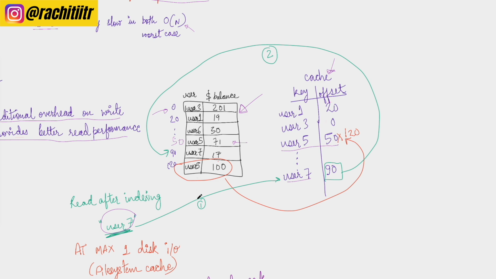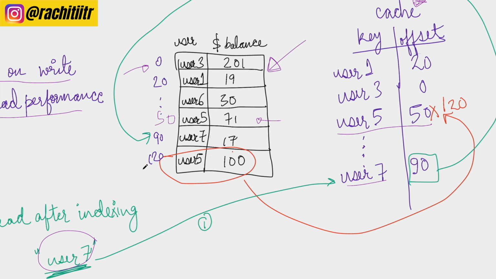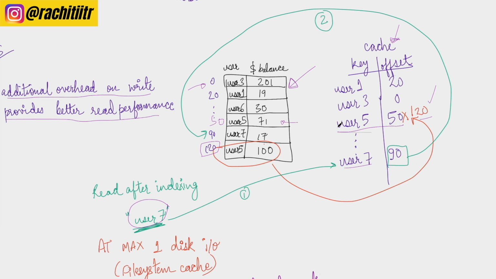But now if there is a new append, a new update on user 5, it would go to the end of the file and that byte offset could be 120. So you update this from 50 to 120. You need to do this overhead. You need to maintain the correctness of these key and offset pairs. So that's why there is an overhead on write, but definitely a greater performance on read.